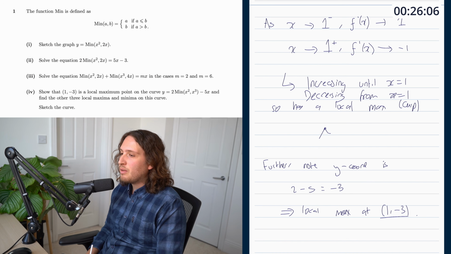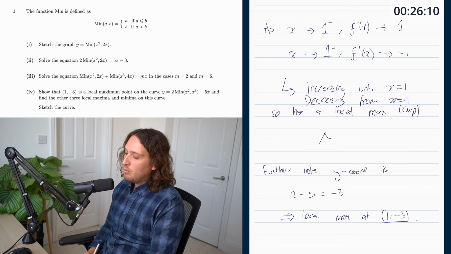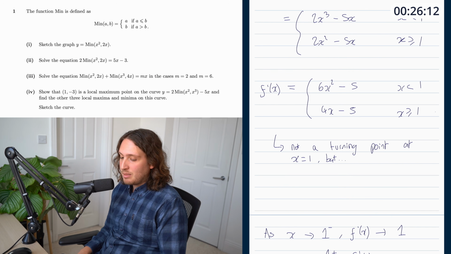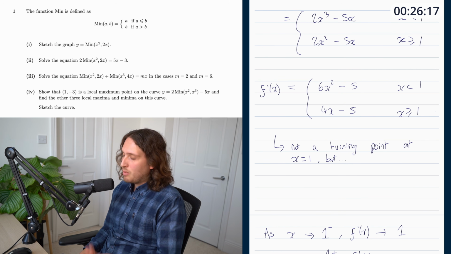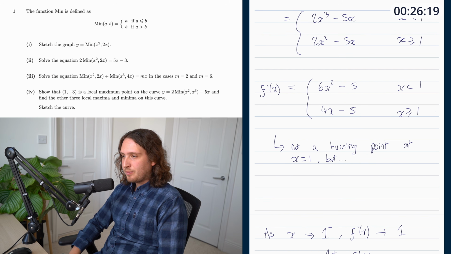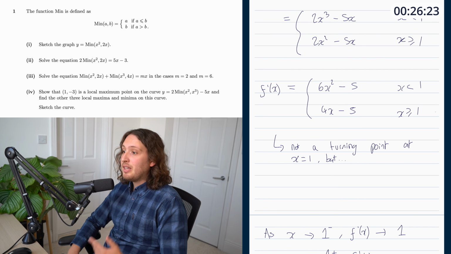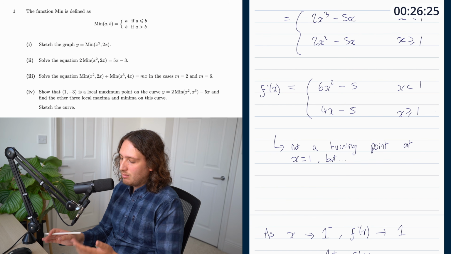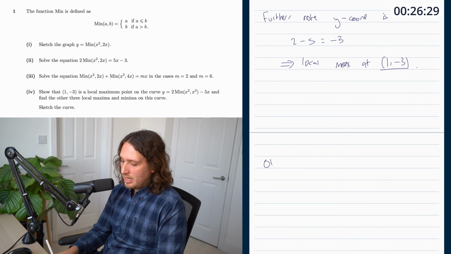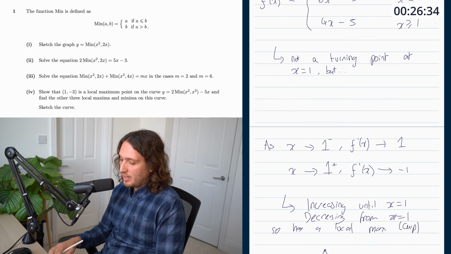Okay. They want me to also find the other 3 local maxima and minima. Well, there's not going to be anything else that's cuspy like this because of the fact that there's only one changeover point. So I guess it has to be the case that the other min and max must come from when the derivative is actually 0. So other turning points, well, what's the equation I'm solving?